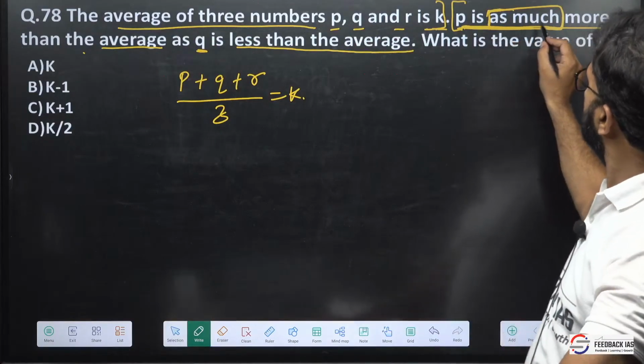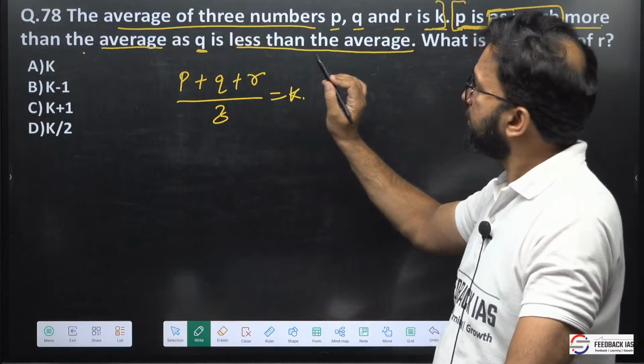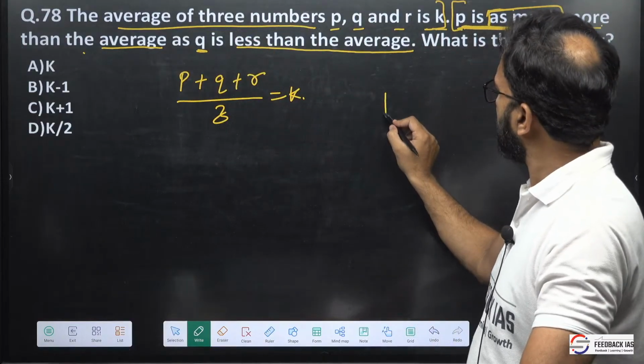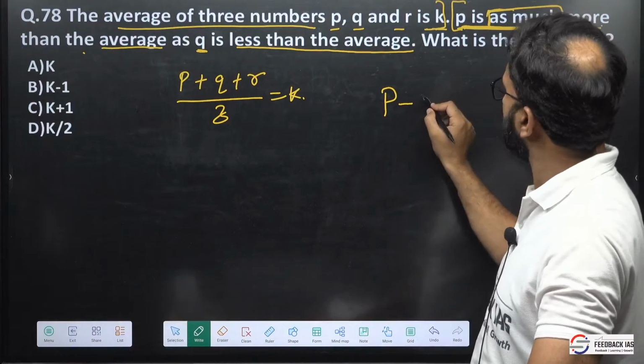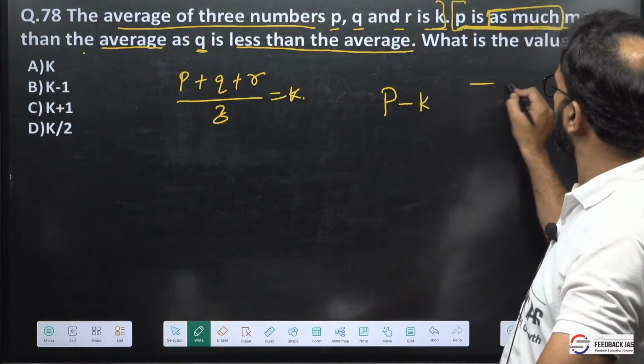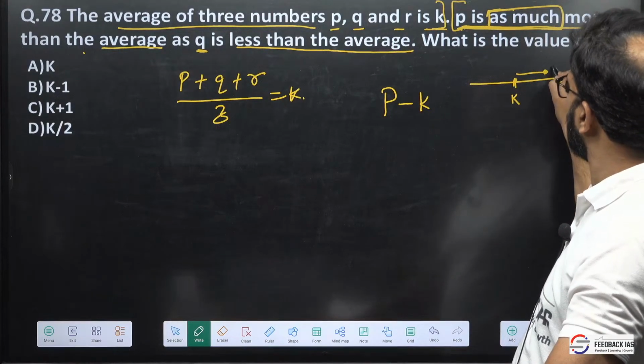P is as much more than the average. So when we say that, if K is here, P is somewhere here.